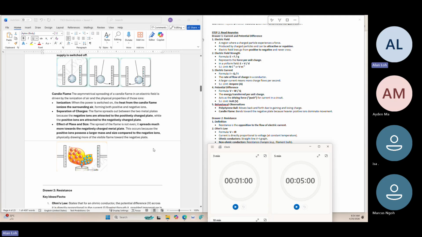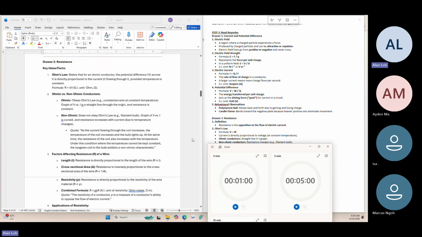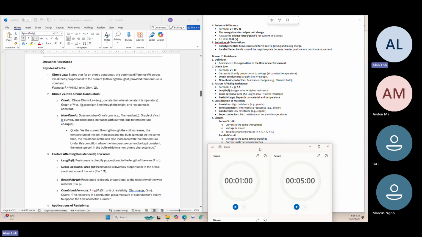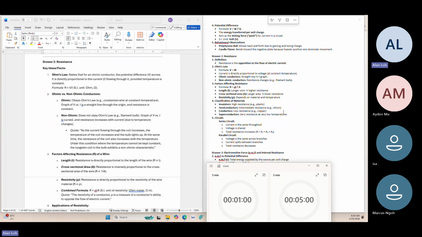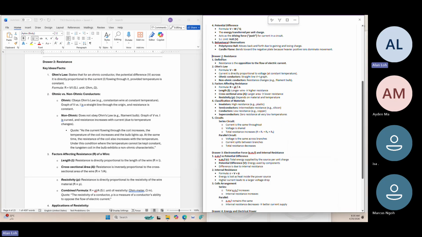Okay, let's continue on drawer 2. Same thing: drawer 2 on your right, which is the keynotes. There are 5 key points, so you should expect a similar 5 key points on the left-hand side of your step 3 notes. Step 2 on the right, step 3 on the left, and step 3 having more information than step 2. So we are building Lego.